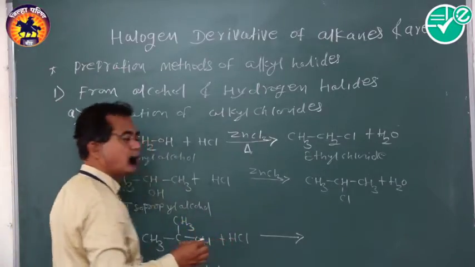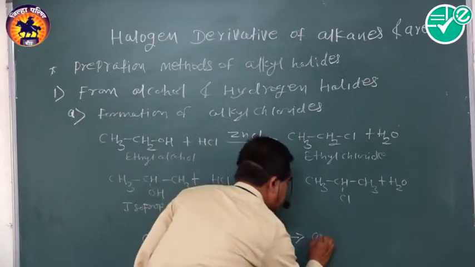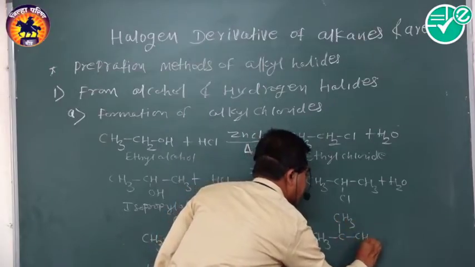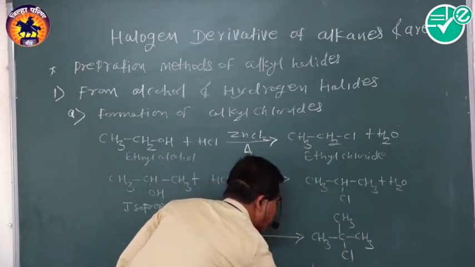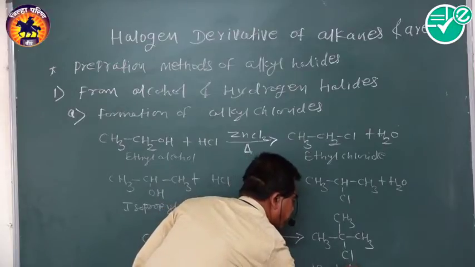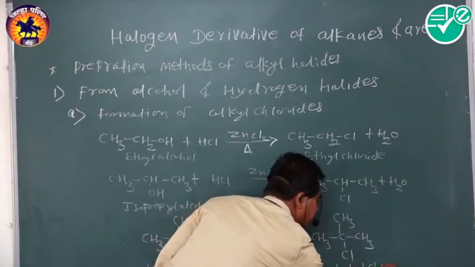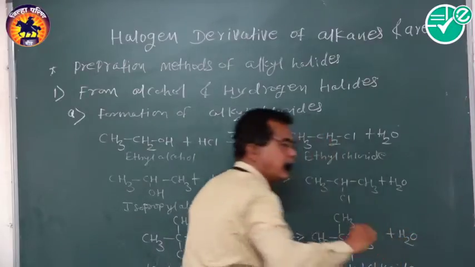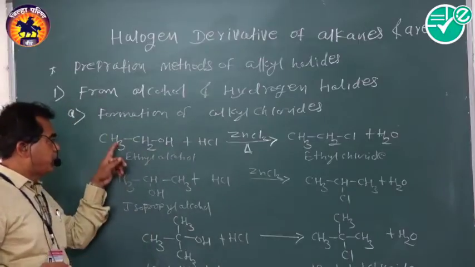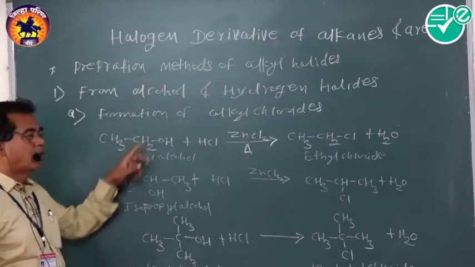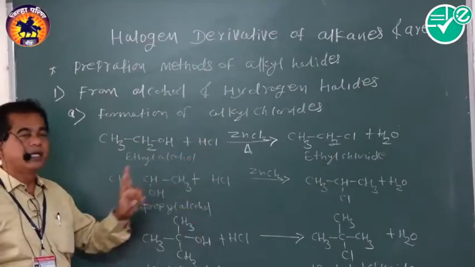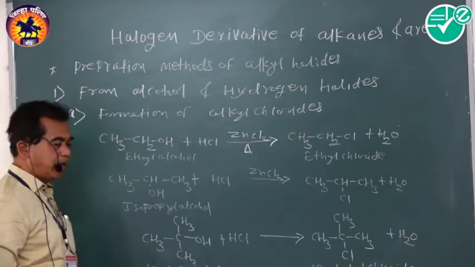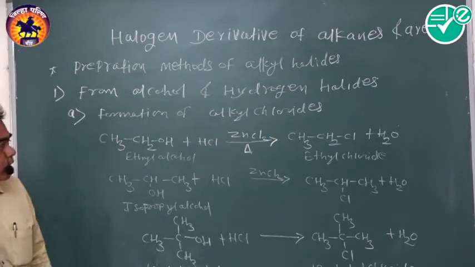It directly reacts with hydrochloric acid and gives a tertiary alkyl halide, that is tertiary butyl chloride, plus a water molecule. In this way, by using primary, secondary and tertiary alcohols, we prepare the primary, secondary, tertiary alkyl halides, that is alkyl chlorides.